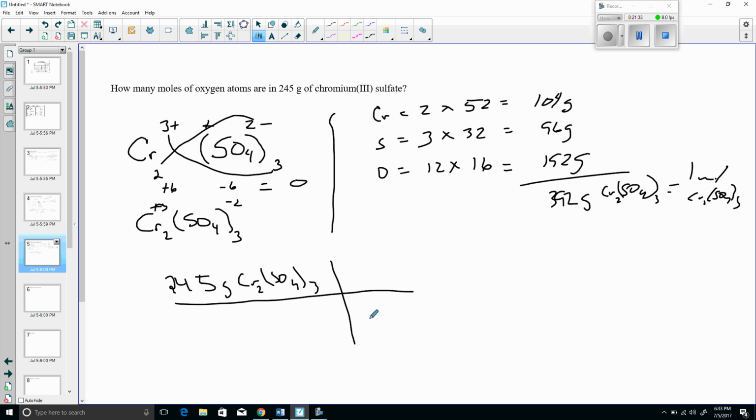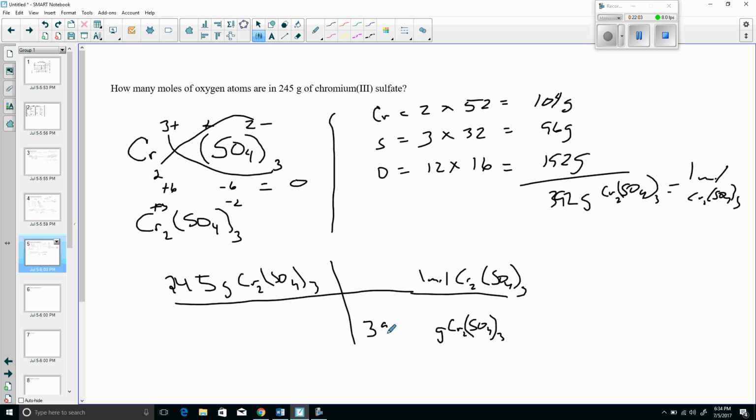And we have grams, so what should we have on the bottom here? That's right, grams of Cr2(SO4)3. What am I missing? That parentheses, very, very important. And equal to 1 mole of Cr2(SO4)3.